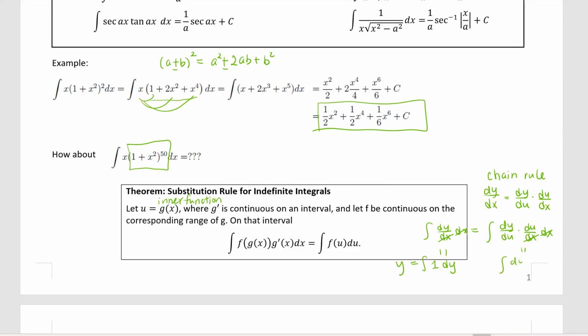We have the integral of dy/du du, and this is exactly this picture. So dy/du is f of u, and then du is on the right hand side here. All right, so this is how we integrate. So far so good, everybody? Okay, so let's continue.